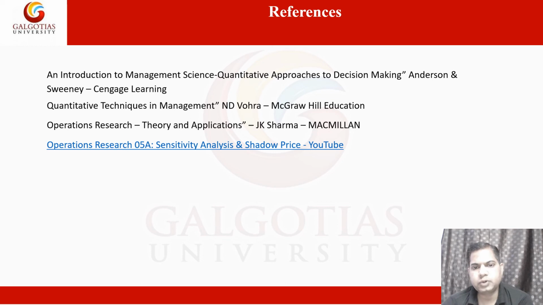In the next two books, you can find out how we can apply the sensitivity analysis numerically without Excel. So you can find the details of sensitivity analysis using any of the books. And the last link is for the YouTube video which you have just seen.